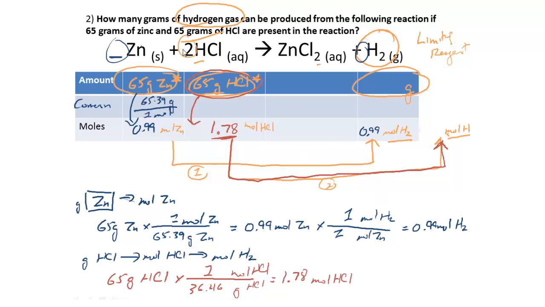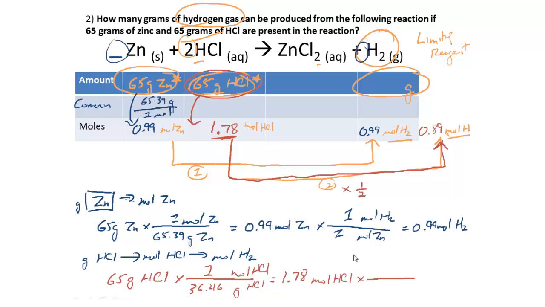moles of HCl. Let's see, for every 2 moles of HCl I have, I make 1 mole of H2. So I'm thinking, okay, the moles of H2 is always half that number, right? So I know I'm going to multiply it by 1/2, because the number of H2 produced is always half the HCl. So if I divide it by 2 or multiply by 1/2, I would get 0.89 moles.